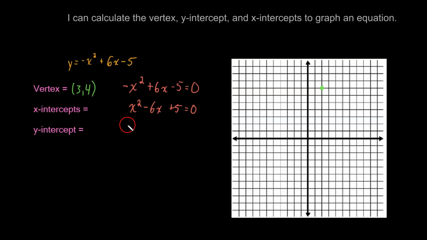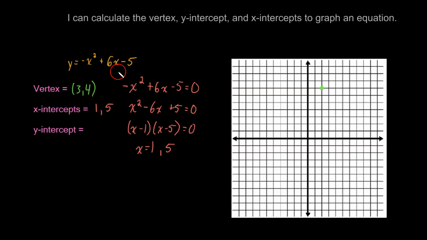And that's going to be negative 1 and negative 5. So this factors into x minus 1 and x minus 5 equals 0. So this is going to give me x equals 1 and 5. So my x-intercepts are at 1, 5.